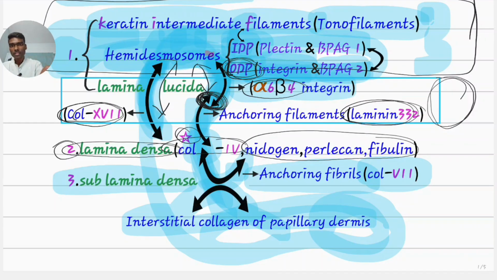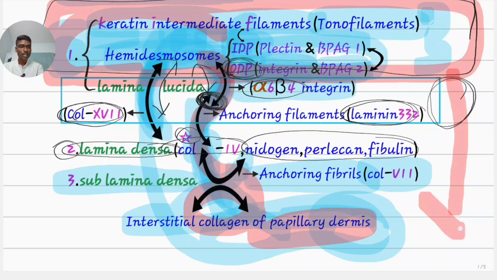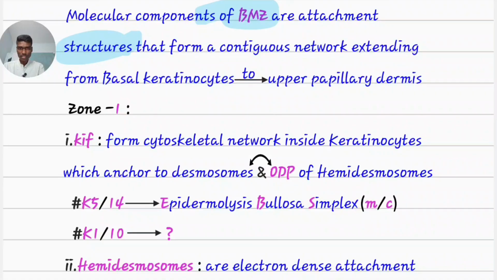Here you can see contiguous network until papillary dermis from basal cell of epidermis, ultimately connecting epidermis and dermis. We will see one by one all the components. Just imagine and keep it in your brain.